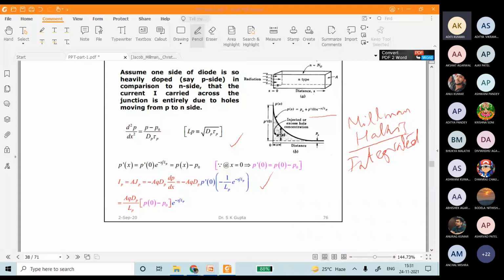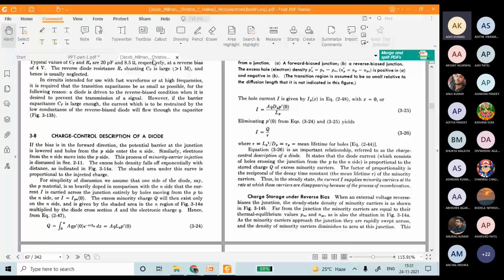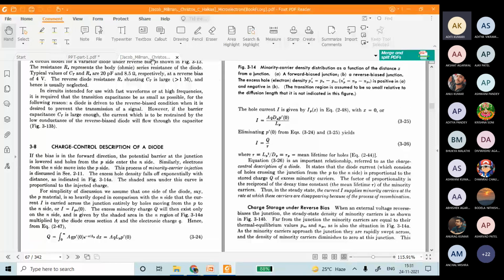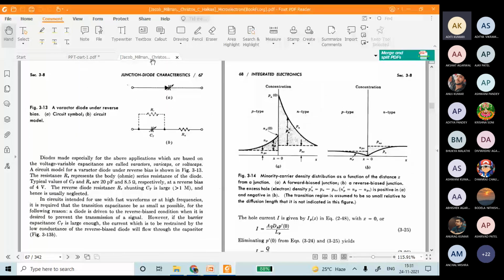Integrated Electronics. Page number. I hope you can see here. That is not given again in detail, but you can go through these.